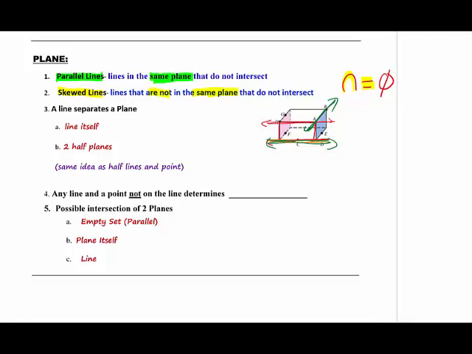Going to number 3, the idea for planes. It's very similar to what we talked about with lines. When we separated a line, we separated it with a point. In this case, when we're in the 3-dimensional, now we're going to split it by a 2-dimensional piece. So we're going to take that plane, and we're going to split it into two parts. Again, I'm going to draw right now just a general plane, and I'm going to split it with a line.